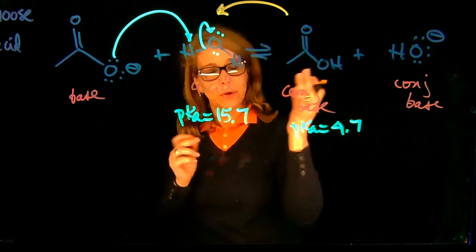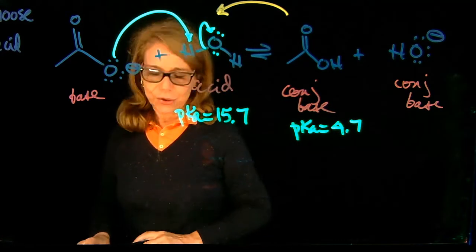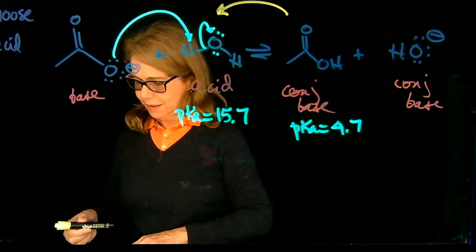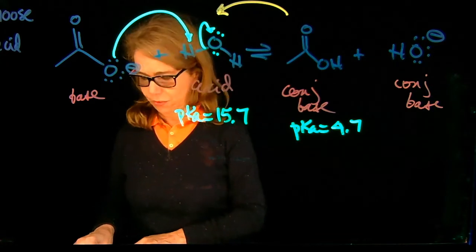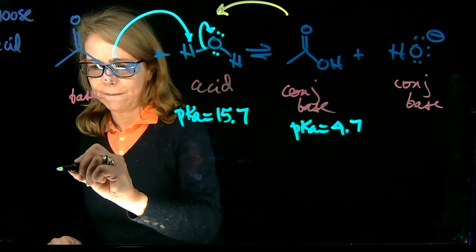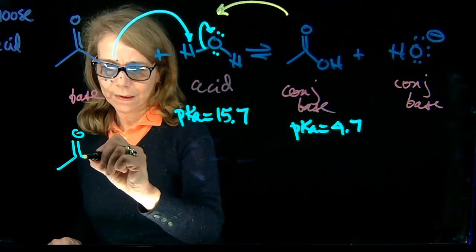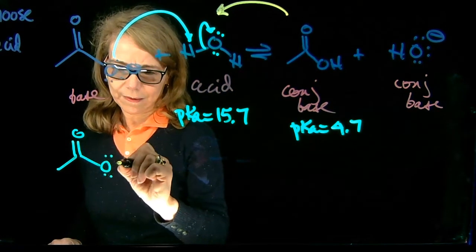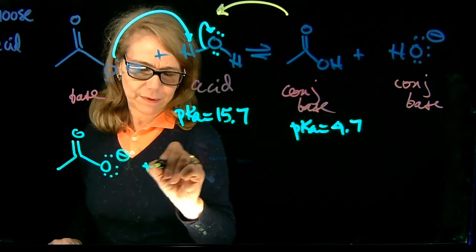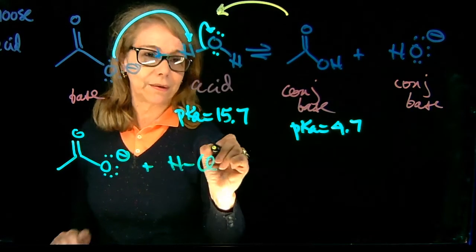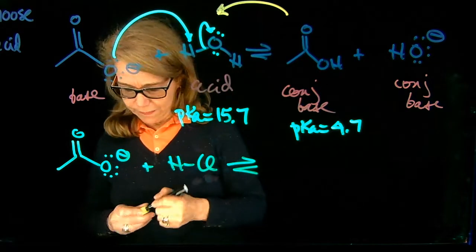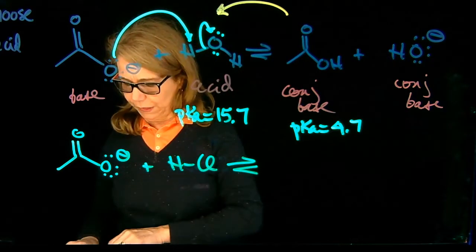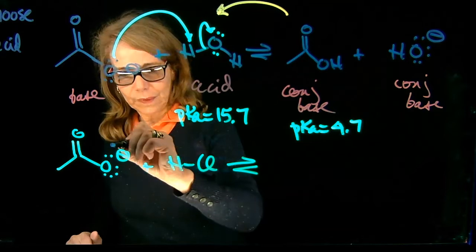So instead, we're going to choose something else. Let's use, for instance, hydrochloric acid. And this time, I'm going to draw my reaction. Now, with hydrochloric acid, again our mechanism will be proton transfer, right?